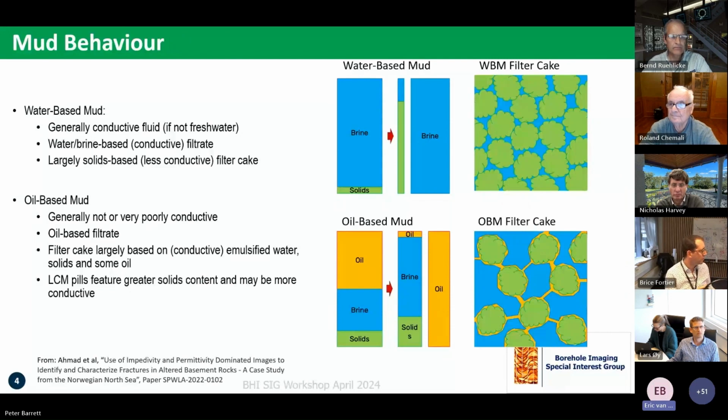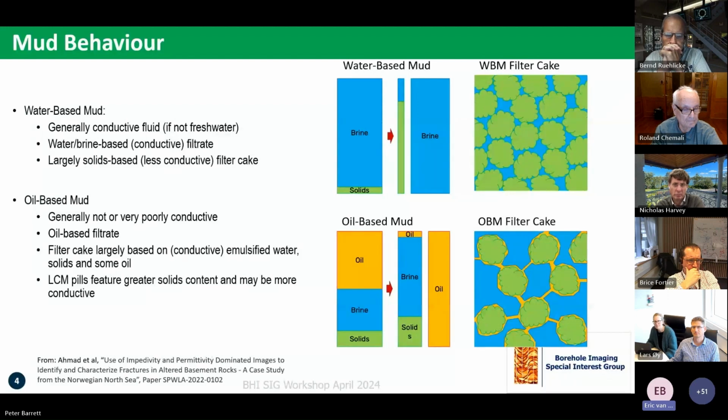But what sets these broad categories, oil-based mud versus water-based mud, even further apart is how they render their filter cakes. And it's also an understanding that is not, I'd say, even well known within drilling mud circles.